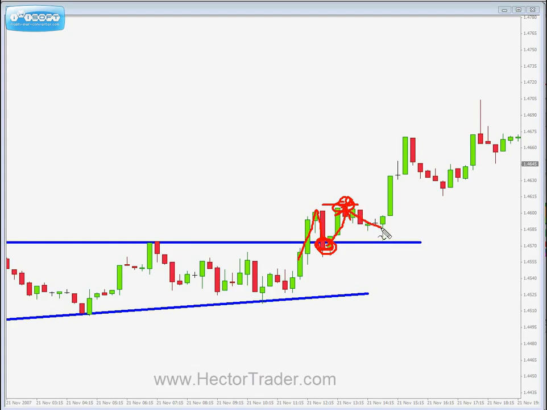Even though we retrace a little bit after the entry, that's the beauty of stacking up chances on your side.